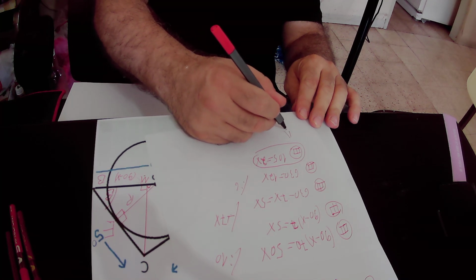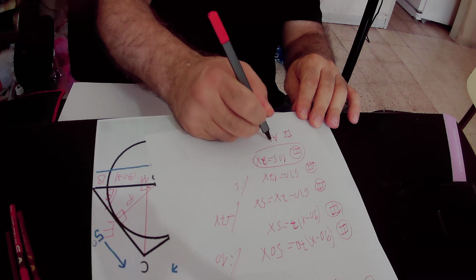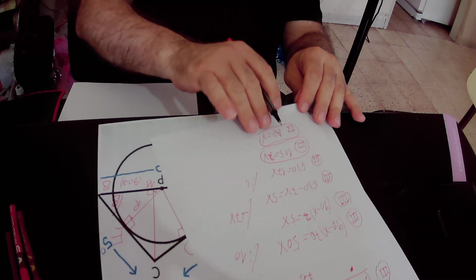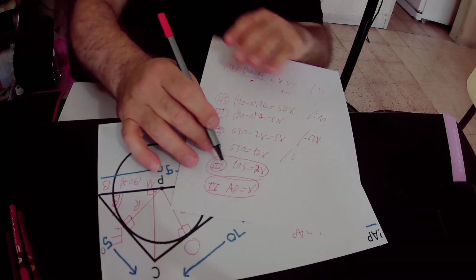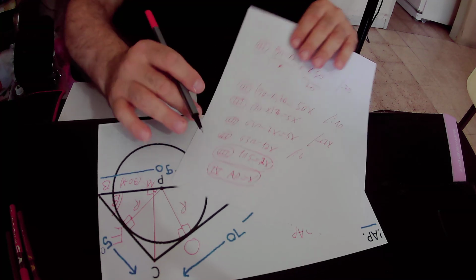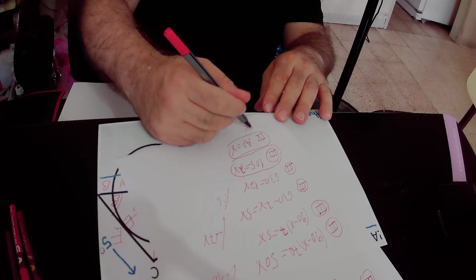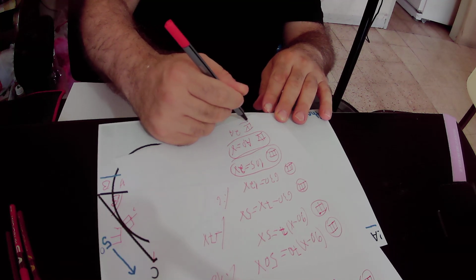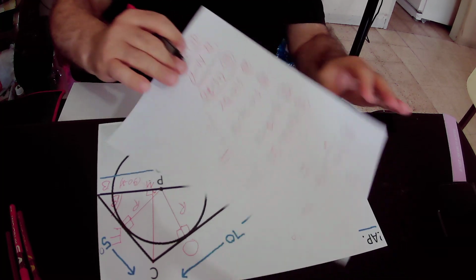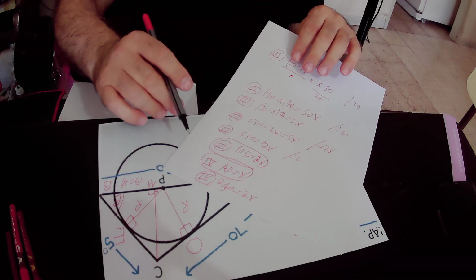So we can add a fourth equation that states that according to our definition, AP equals x, so 2 times AP will be equal to 2 times x. If AP equals x, 2 times AP equals 2x.